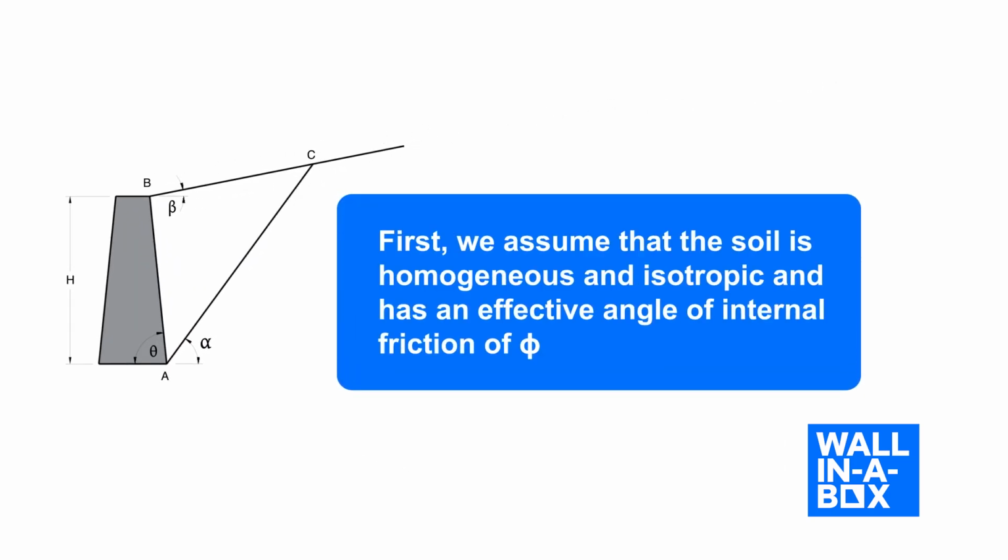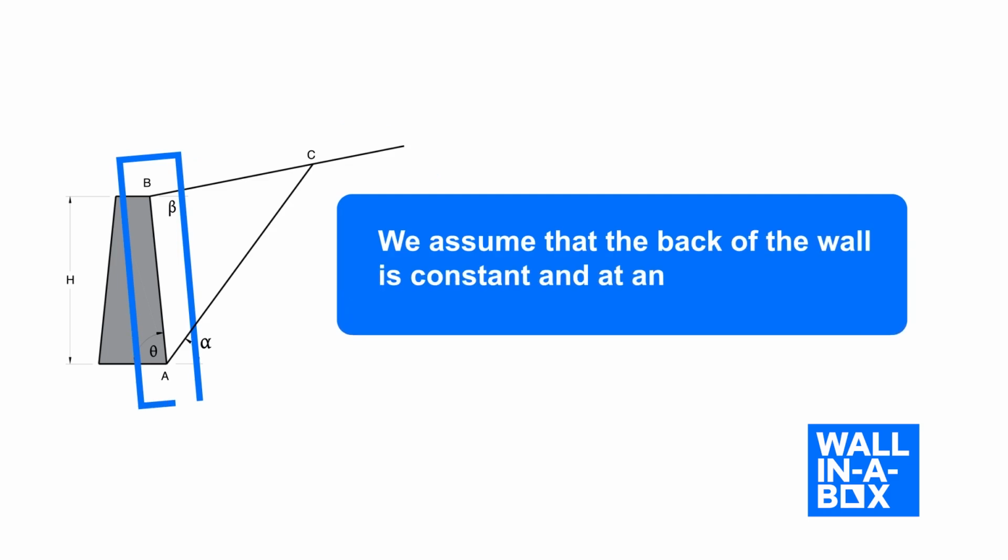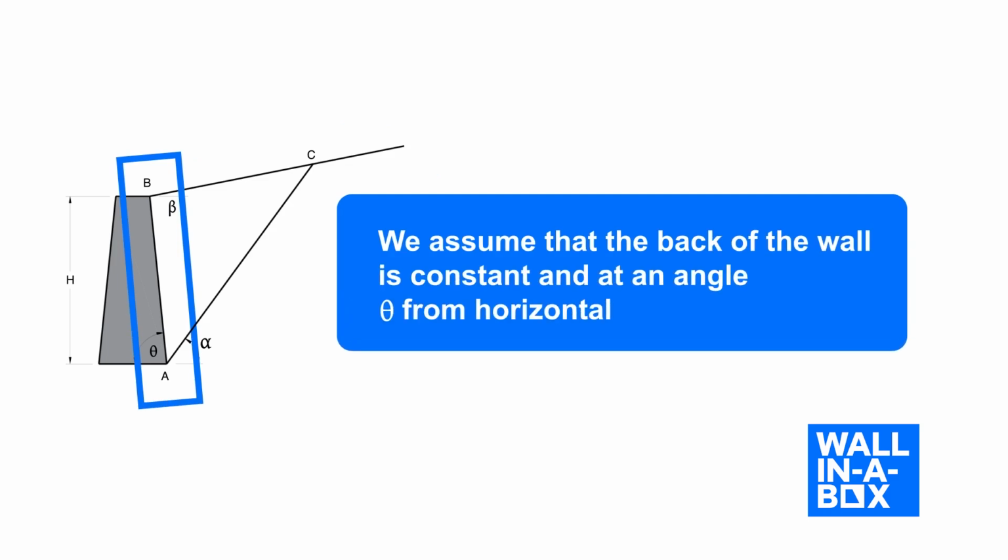First, we assume that the soil is homogeneous and isotropic and has an effective angle of internal friction of phi. We assume that the slope on top of the wall is constant and at an angle beta measured from horizontal. We assume that the back of the wall is constant and at an angle theta from horizontal.